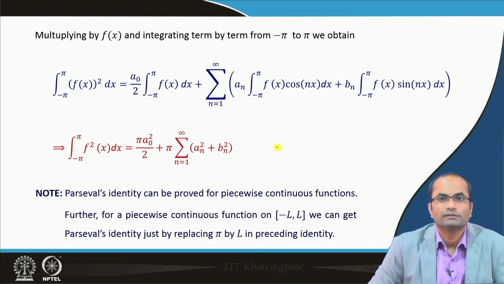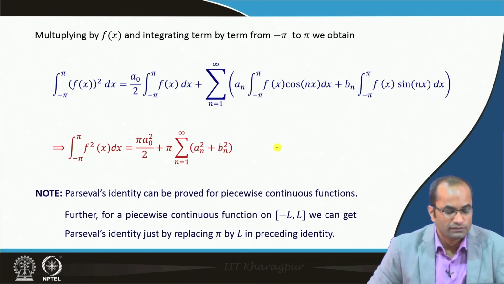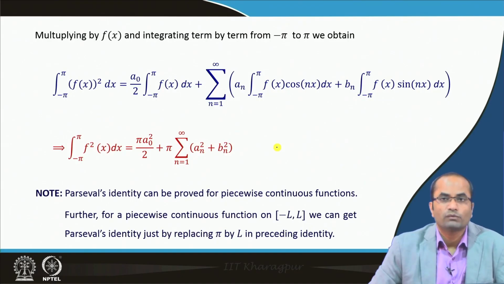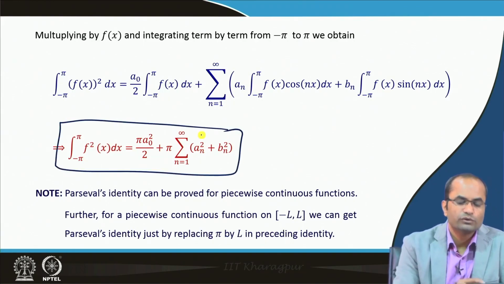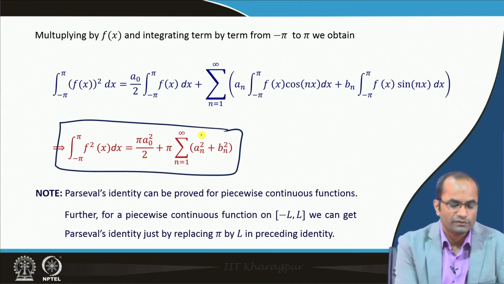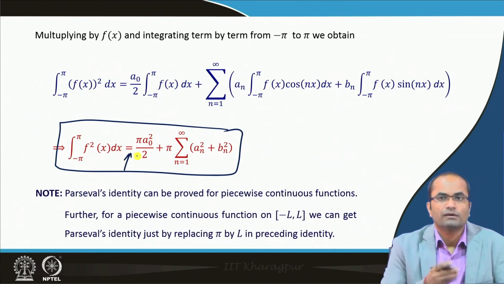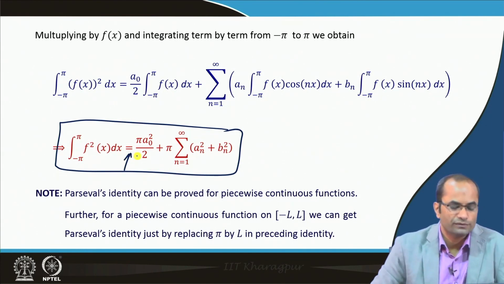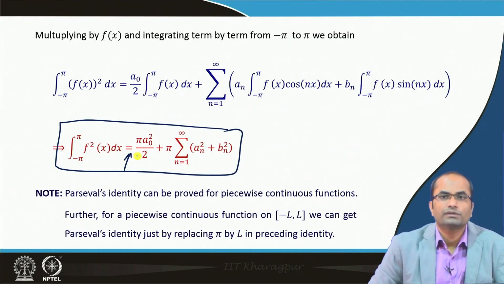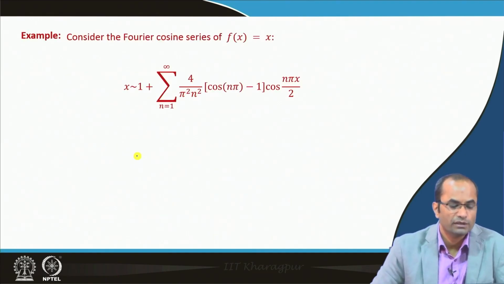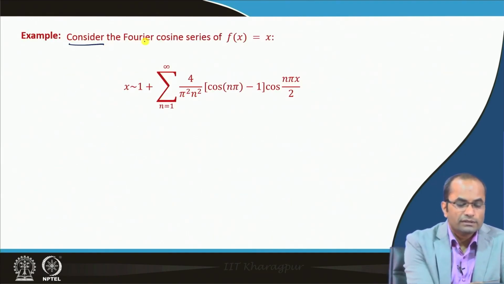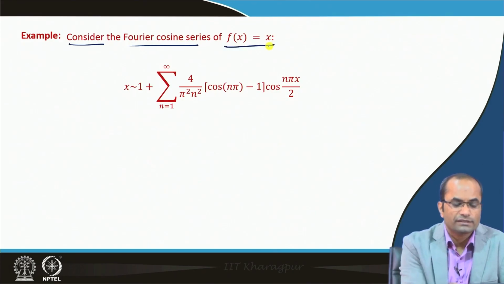Having this Parseval's identity and Parseval's or Bessel's inequality, we can now look for some applications, and indeed the Parseval's identity is more useful, because we have a more precise result, the equality of these coefficients. So, this can be used in many cases to prove the sum of a series, as we will see in the examples below. Consider for instance the Fourier series of the function f x equal to x.